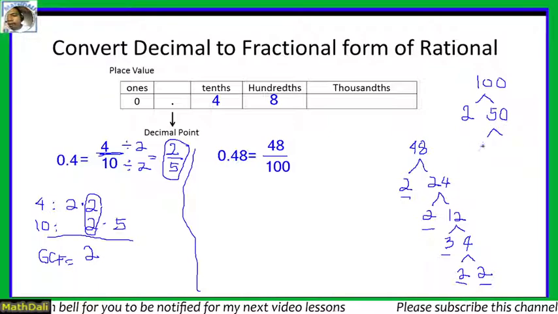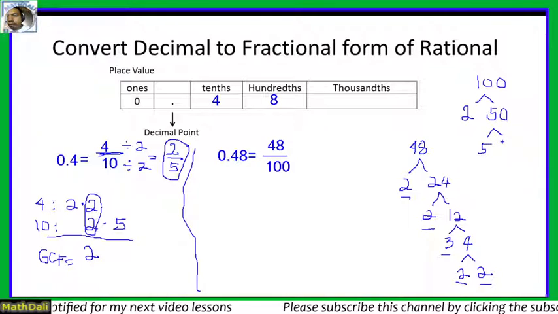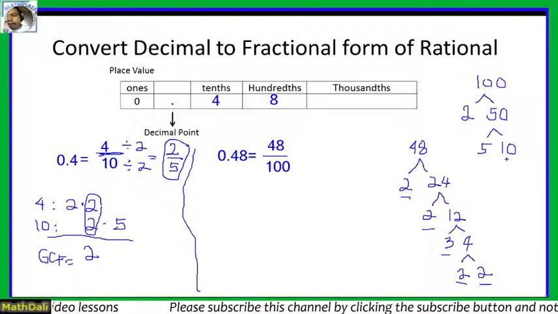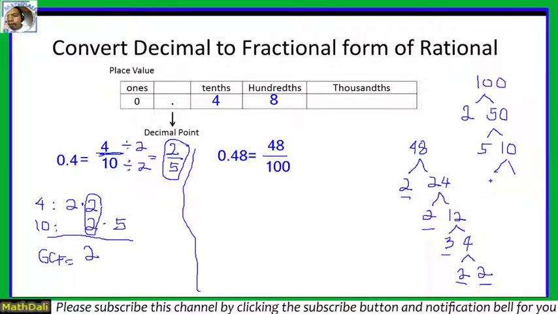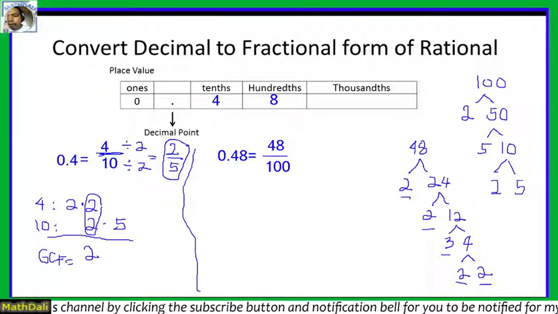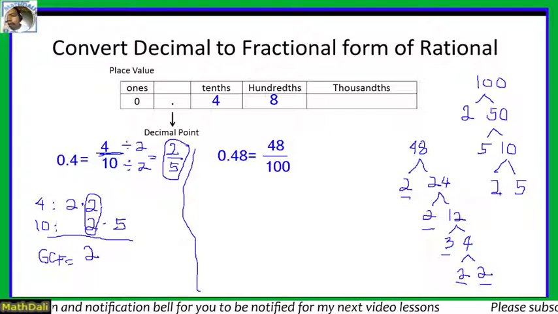We have 5 multiplied by 10. And 10 can still be factor. That is 2 multiplied by 5. So, yan yung mga factors natin ng 100. We have 2 times 5 times 2 times 5.